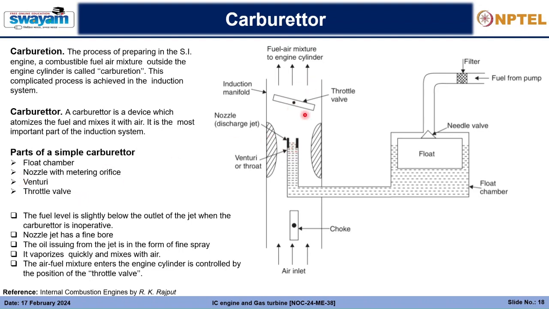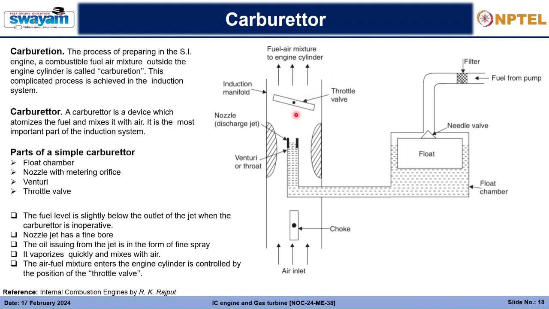Then we have a throttle valve here. The throttle valve is what you operate when you are accelerating, when you press the accelerator pedal in a car or rotate the handle of your bike. You are basically rotating the throttle valve.